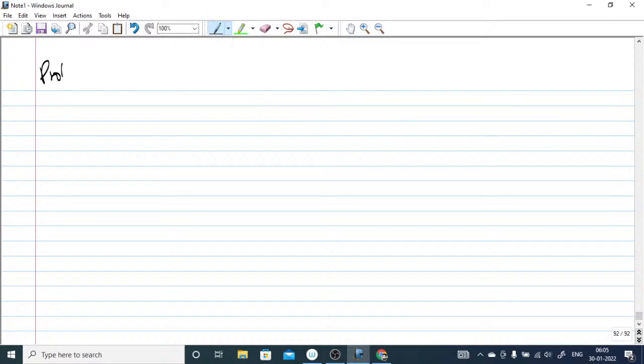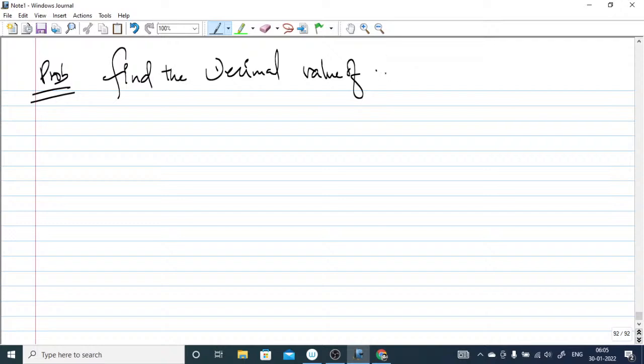Next problem we take here: find the decimal value of the 1's complement number, that is 1 1 1 1 0 0.